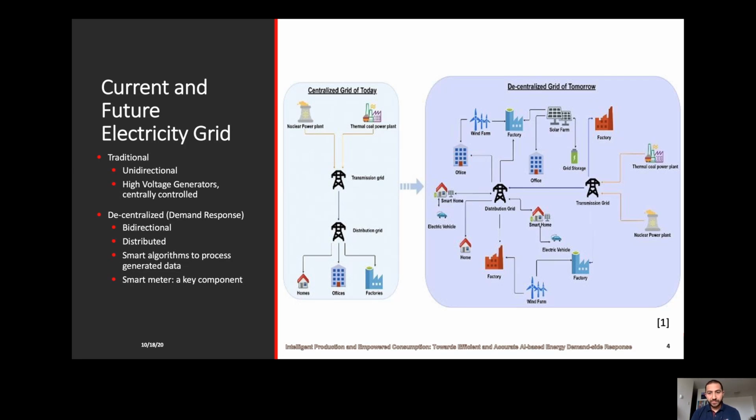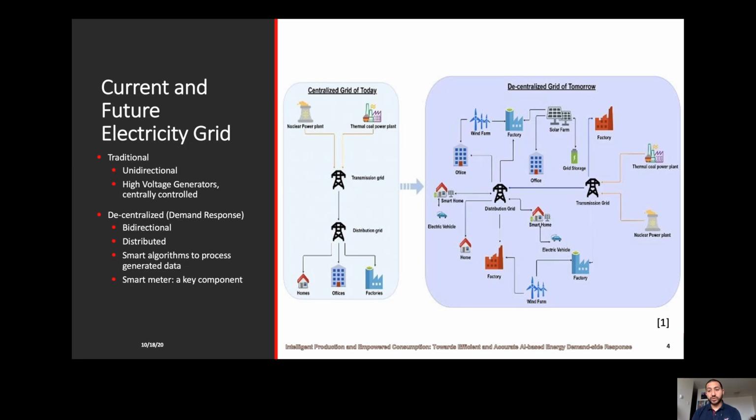On the right side, you find not just these high voltage generators like nuclear and thermal. Now you will slowly find renewable energy resources such as solar farms and wind farms at the top of the image, and distributed energy resources such as solar panels that are located on top of the roof of a house.